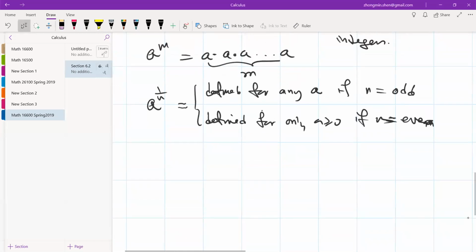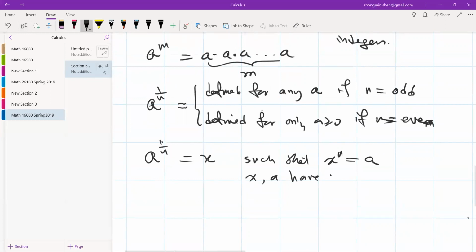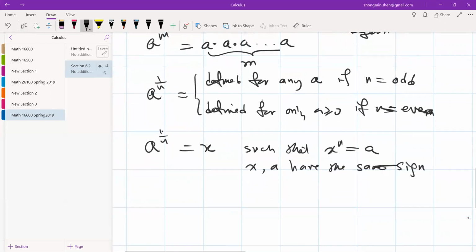a to the 1 over n is going to be the x such that x to the n-th power equals a. And this x should have the same sign as a, because sometimes that equation gives you two solutions. Why do I have to say that?